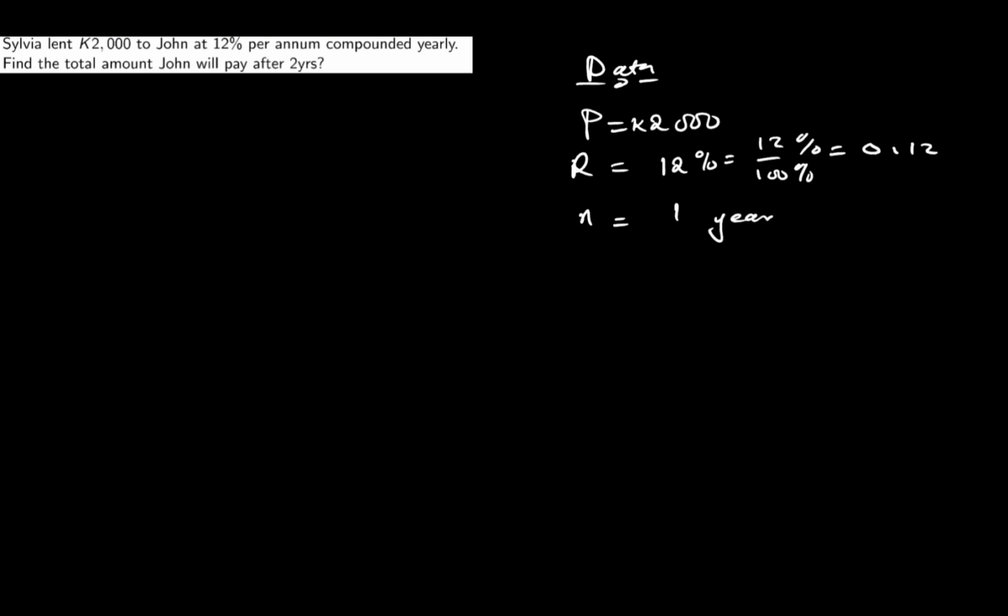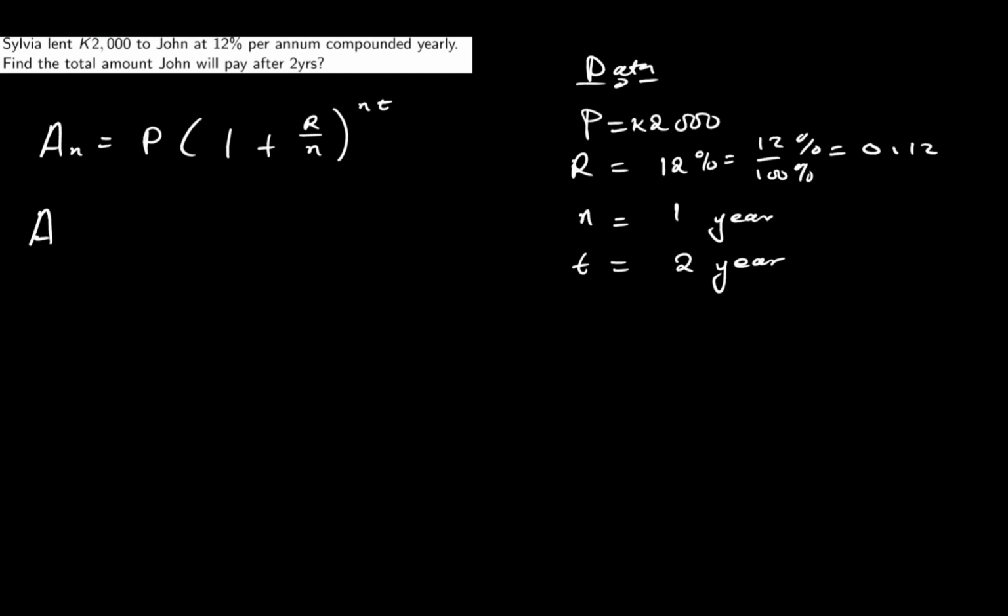Because from the formula for the accrued amount, which is A sub n, P, parenthesis 1 plus r over n to the power nt. So our time, or the period, is 2 years, as it has been said. So we just have to plug and chug.